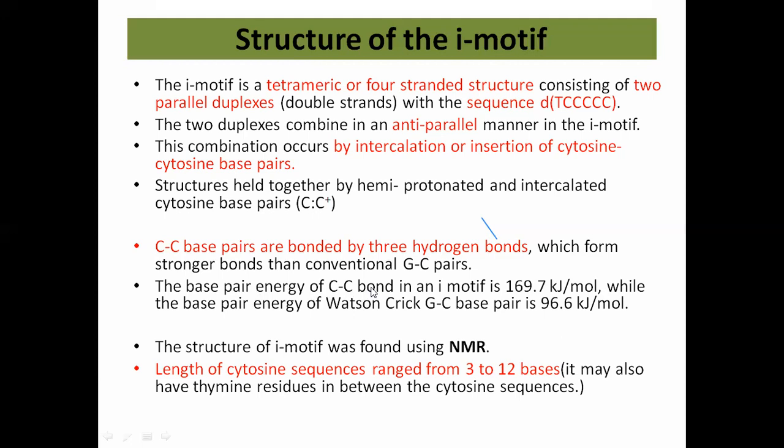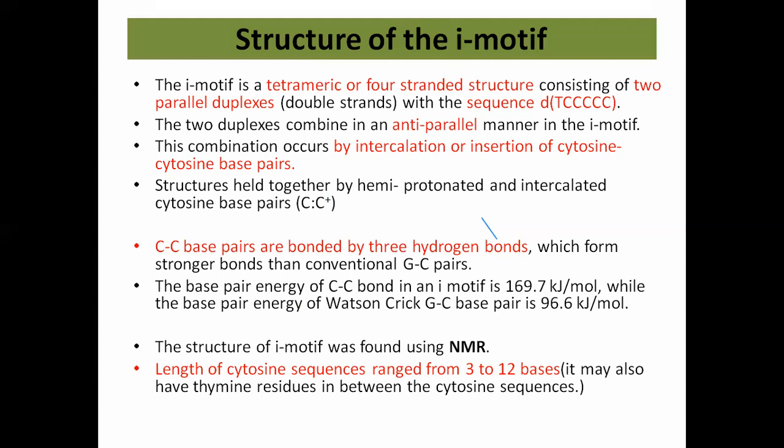The base pair energy of the cytosine-cytosine bond in an I motif is 169.7 kilojoules per mole, while the base pair energy of the Watson and Crick GC base pair is 96.6. And the structure of I motif was derived by using nuclear magnetic resonance.